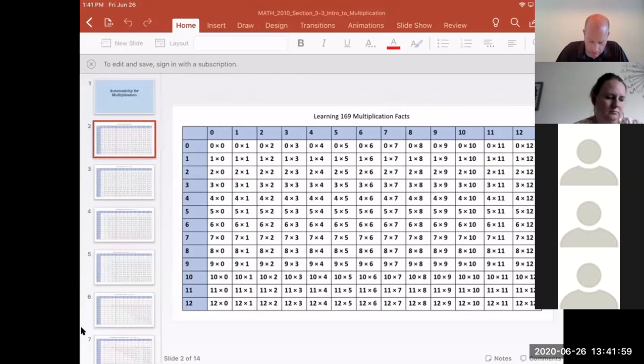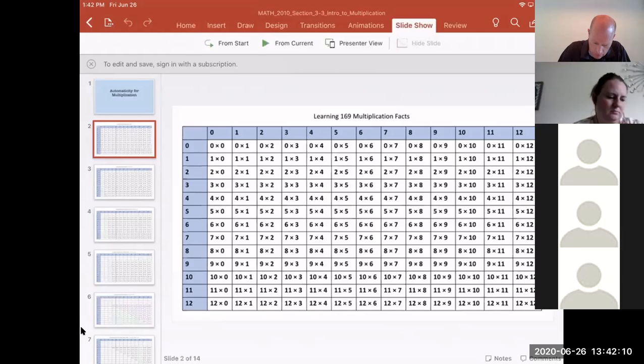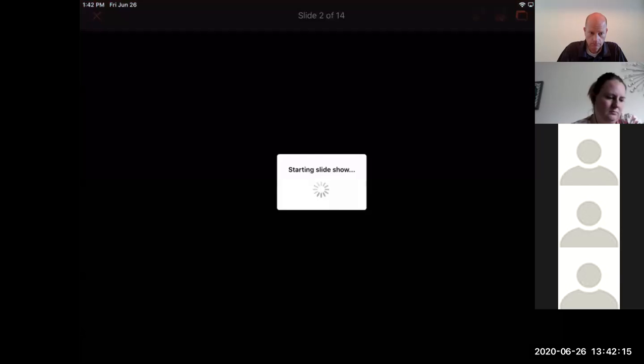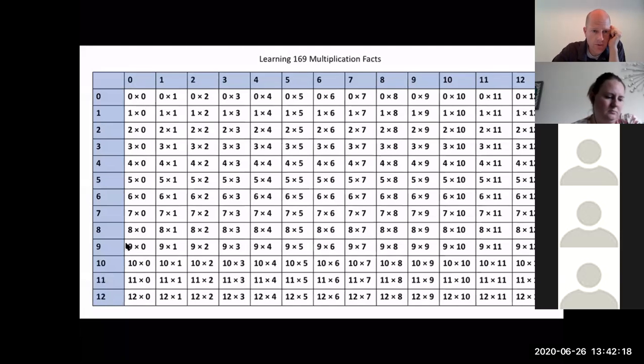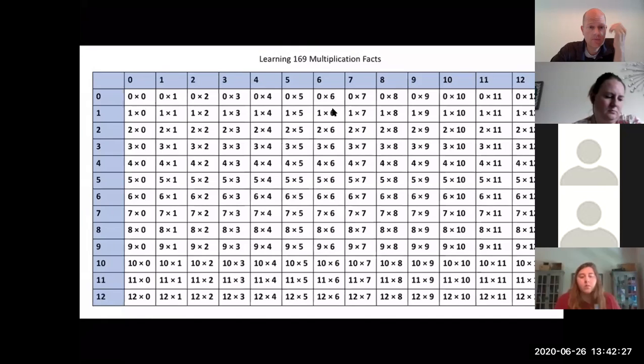Let's go and play there. Okay, so what we have are where you need to learn 169 facts. I think in Utah, they really focus on going up to 12 tables. So I've diagrammed all of the facts here. For some people watching the video, they'll have one column cut off here, but hopefully you guys can see that okay.